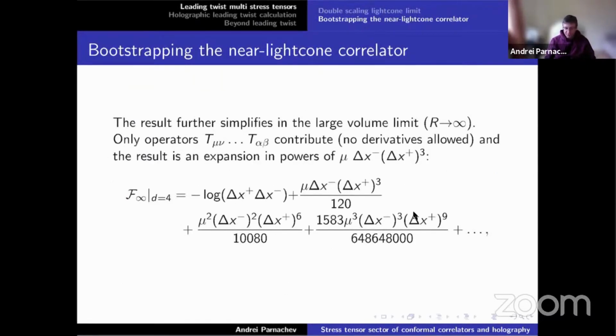The correlator further simplifies if, in addition, you take a large volume limit by sending the radius of the sphere to infinity, and then the result is an expansion in powers of mu times delta x minus delta x plus cubed. And these are the first few terms in the expansion that have been computed using the bootstrap.